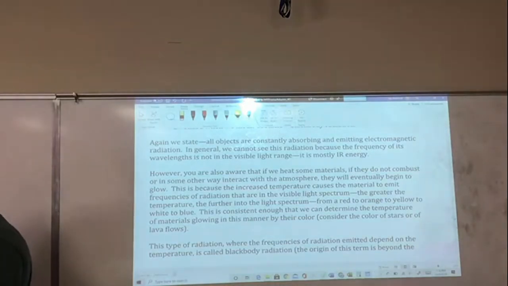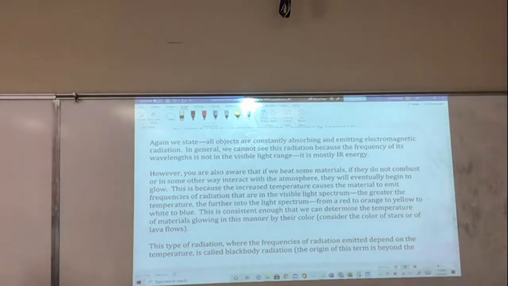But as we heat it up, it's going to start to emit electromagnetic radiation at higher and higher energies.